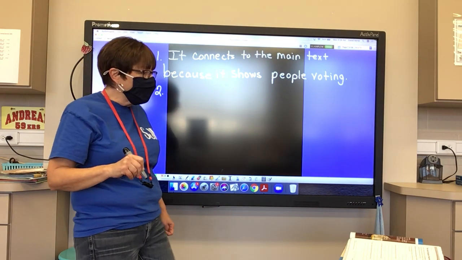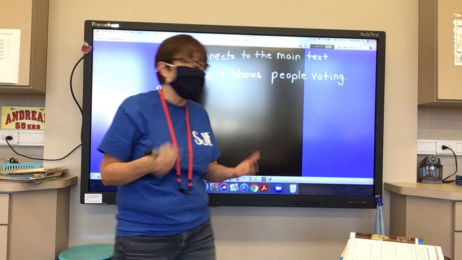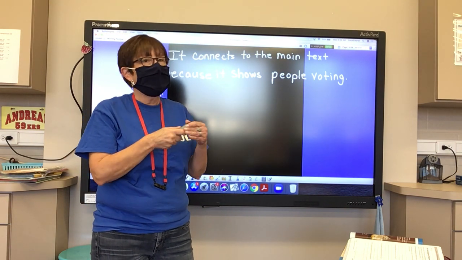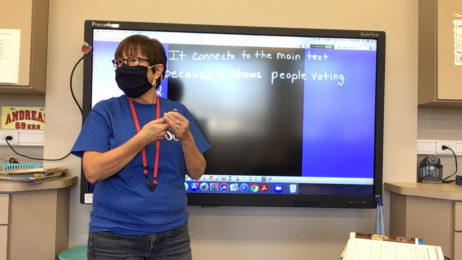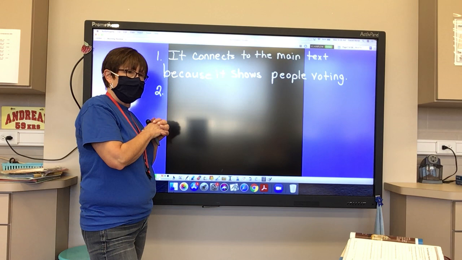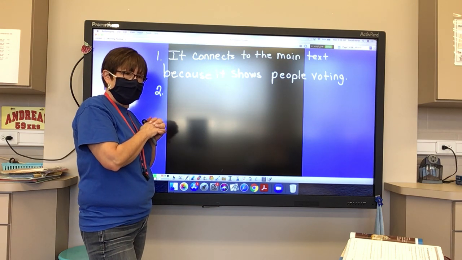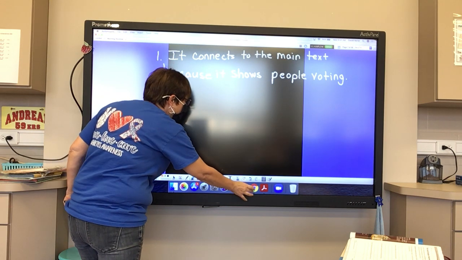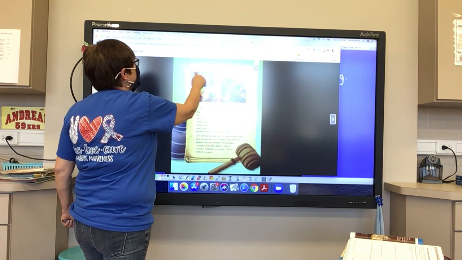And so then we want to know, how does this sidebar connect to the rest of the text? What is the sidebar telling us? Avery, what is the sidebar telling us? It tells us about the government, and in the text, it also tells us about the government. Well, but exactly what is the sidebar telling us?